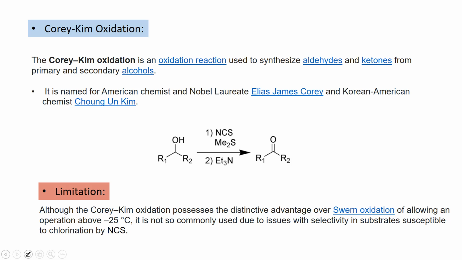Here you can see I have shown the general schematic diagram. If you take an alcohol and add NCS, N-chlorosuccinimide, you know the structure of succinimide.